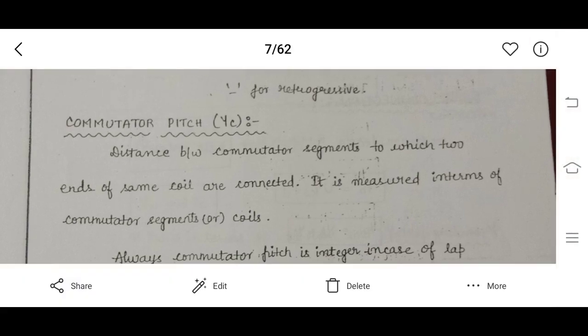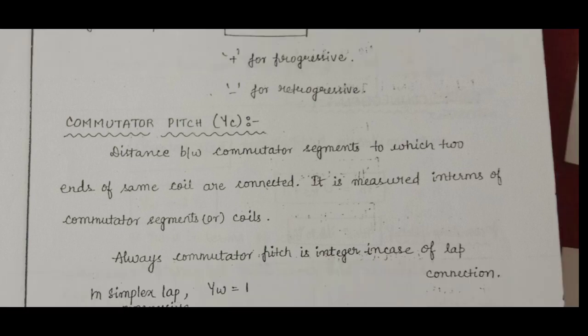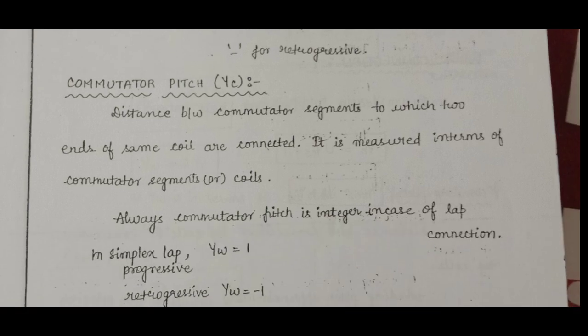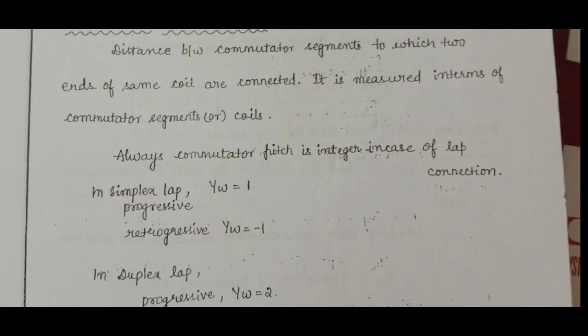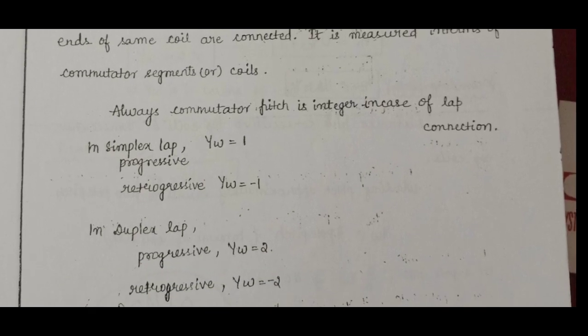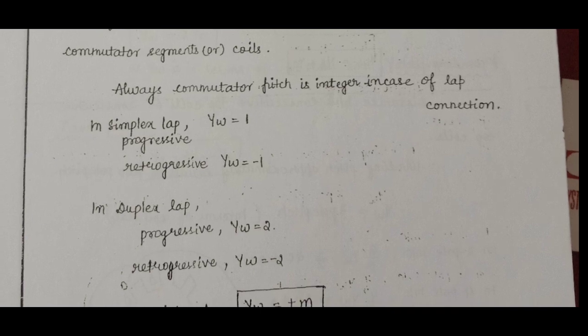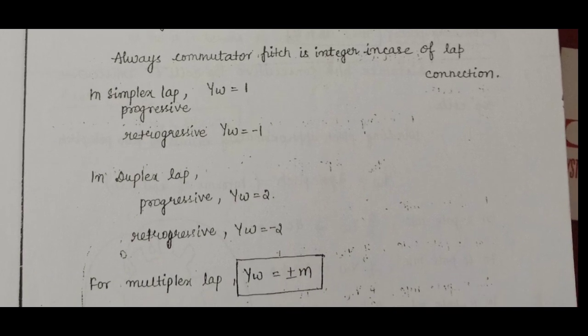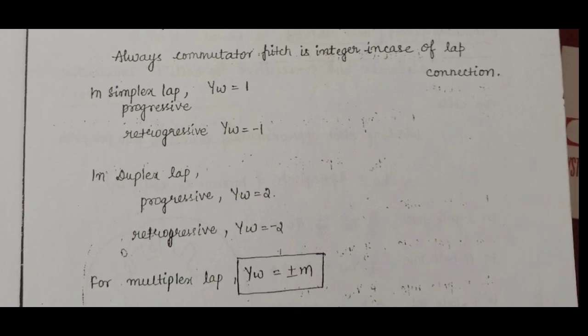Commutator pitch YC equals the distance between the commutator segments to which the two ends of the same coil are connected. It is measured in terms of commutator segments or coils. Always the commutator pitch is an integer in case of lap connections.